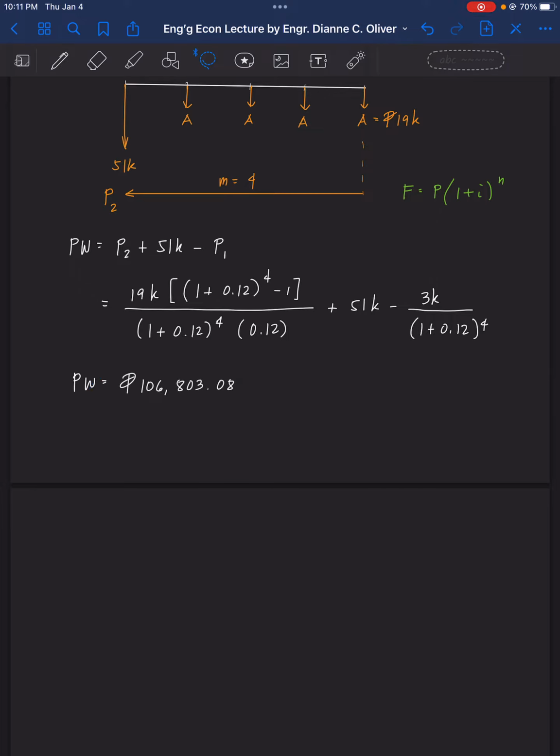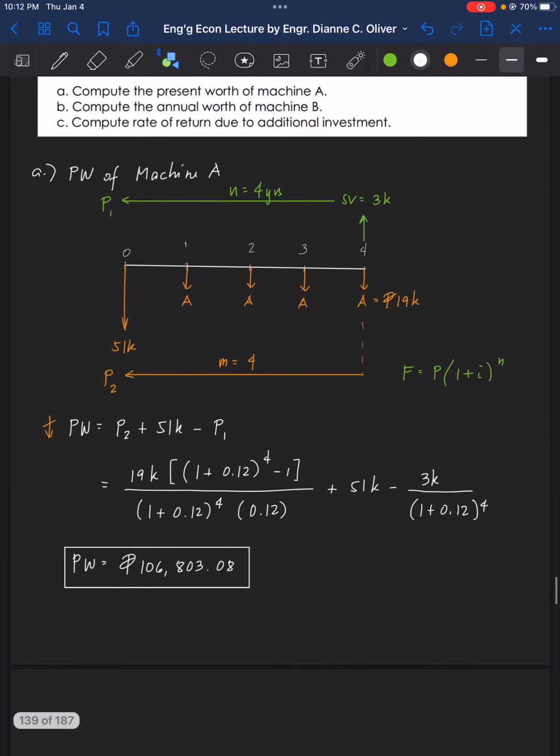So that's the present worth. And since it is positive, that means it's dominant in the cost. So I use here the cost positive. So this is the present worth.